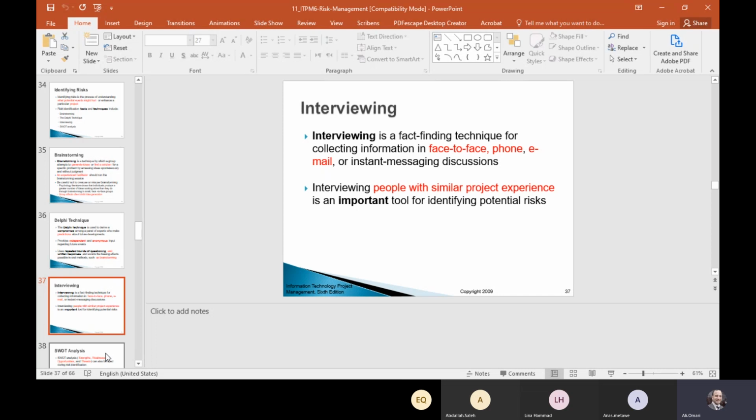The third technique is interviewing. Interviewing is a fact-finding technique for collecting information face to face, maybe by phone or by email, or any other means using social media, instant messaging, etc. You basically interview people with similar experience of such a project to identify potential risks.